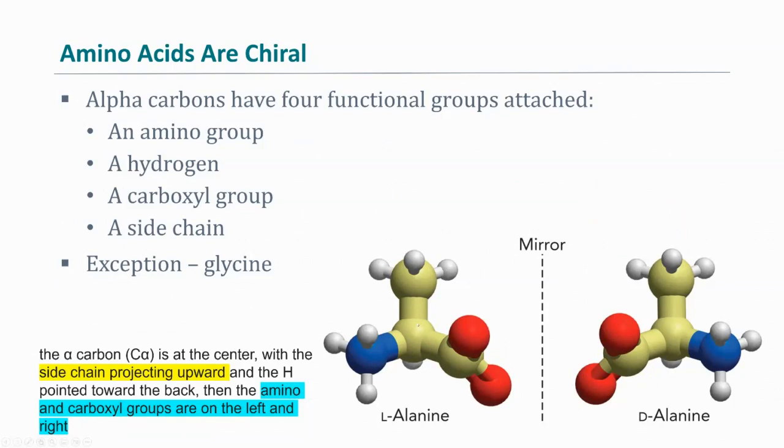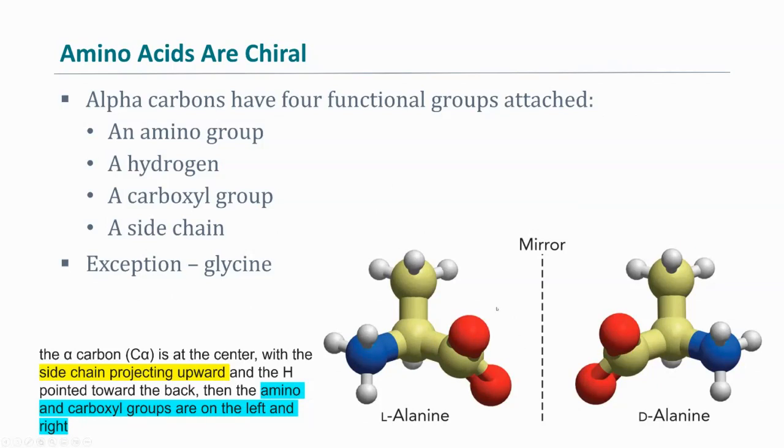you have this alpha carbon in the center, and then the side chain projects to the top, and the hydrogen to the back, and then on the left side the amino group, on the right side the carboxyl group.